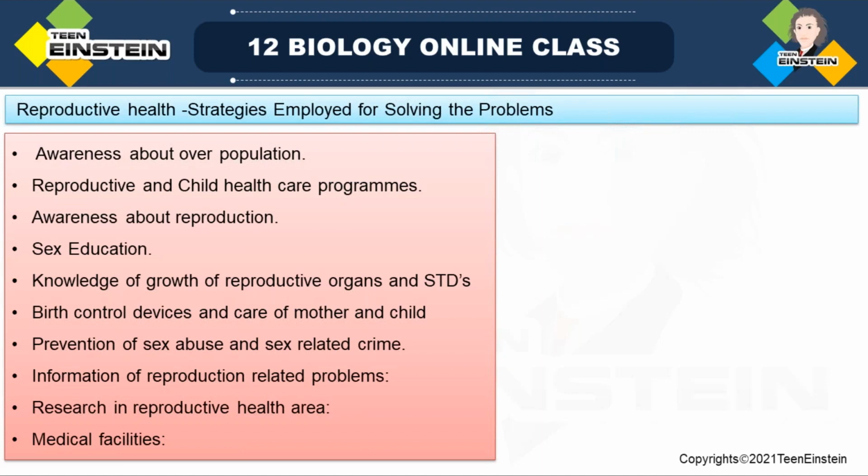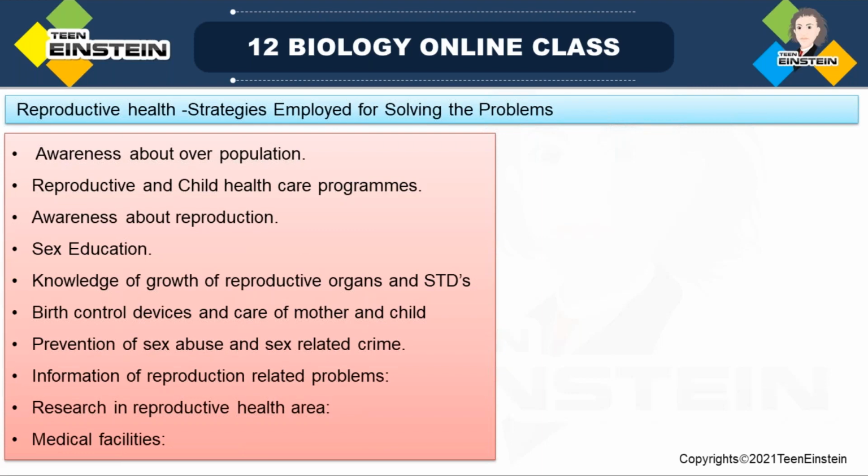They are generally called reproductive and child health care programs. Note down, reproductive and child health care programs. Like I just read, family planning is one among them. There are several programs like that, together called reproductive and child health care programs. Okay.